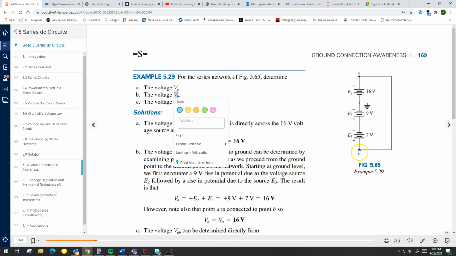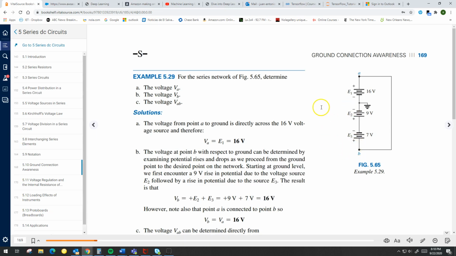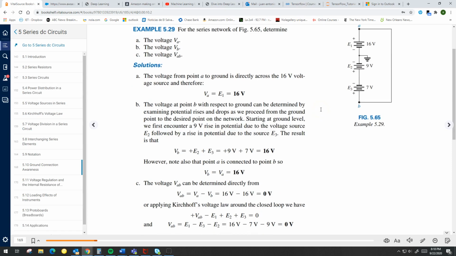So you're really measuring from this point B to ground. That's what this VB indicates, right? So as you notice here, when you go from B to ground, you're really adding 2 voltages of the same polarity, so you have a total of 16 volts. See? So this voltage B with respect to ground is 16 volts.